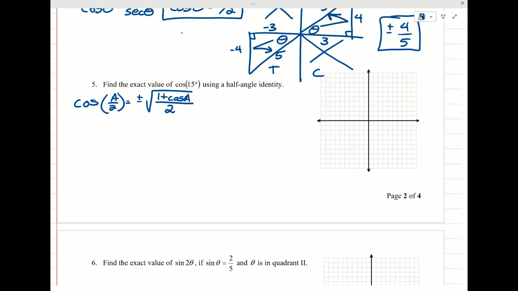So in order to use a half angle identity, half of what number is 15? 30, right? So this is going to be cosine of 30 divided by 2.